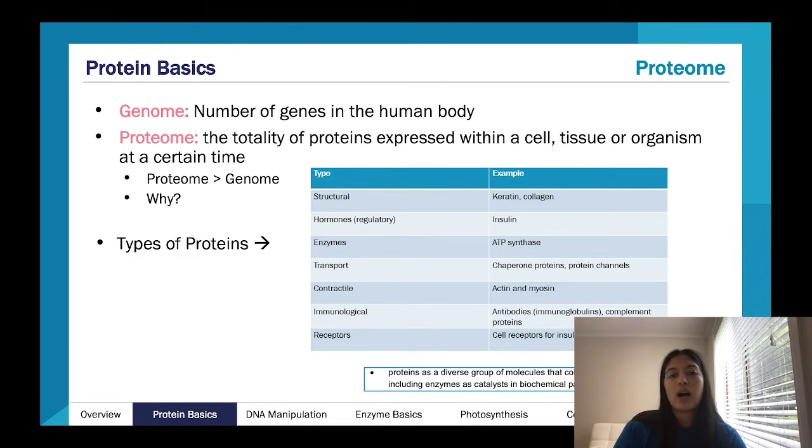It's kind of like the genome is looking at all the ingredients you have separately, whereas the proteome is like looking at the meals that have been made from those ingredients. Hopefully that makes sense. Honestly, you don't get too many questions on this. Basically, just know their definitions.